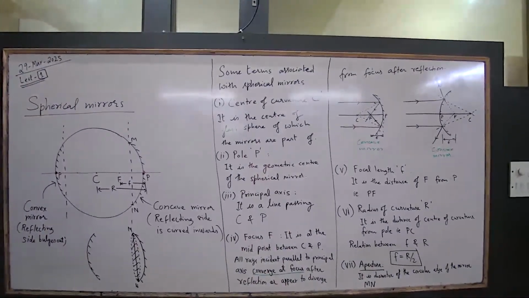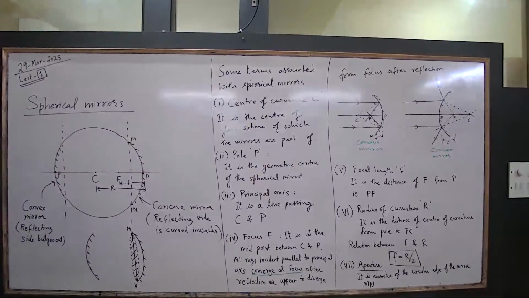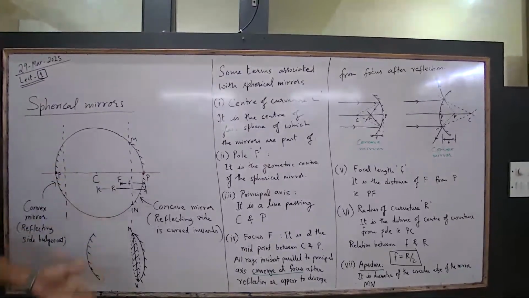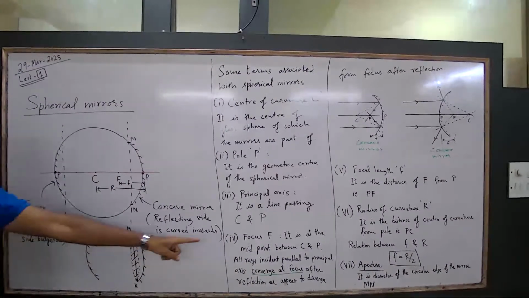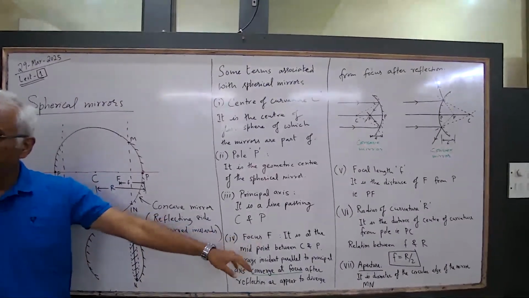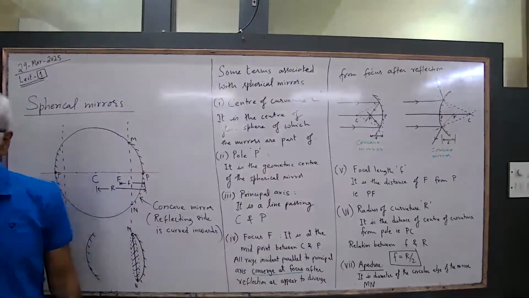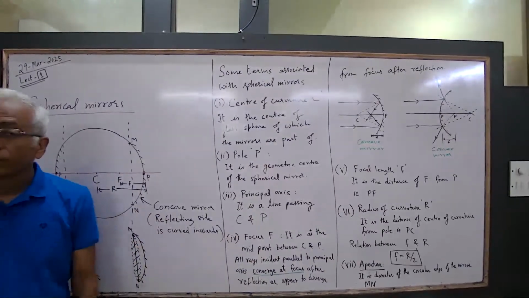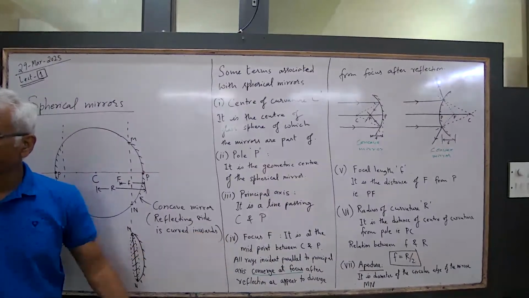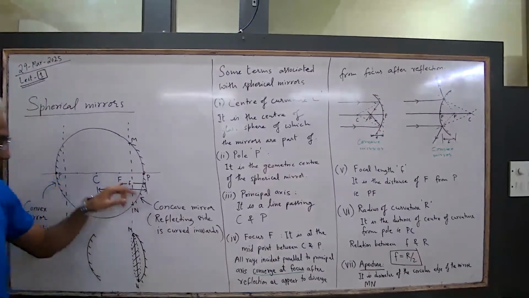Now we'll see image formation. First, principal focus. This F is also called principal focus or focal point. F is principal focus or focal point. Either it is just referred to as focus or principal focus, because it lies on the principal axis.